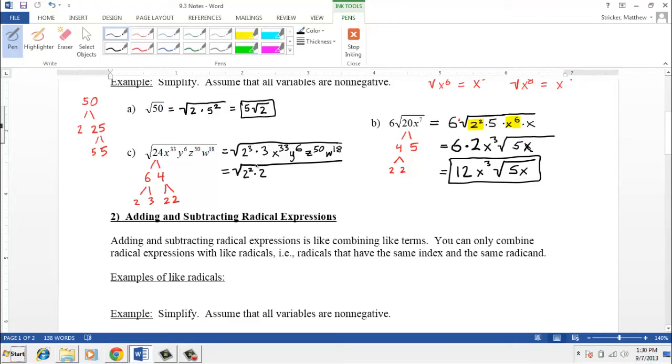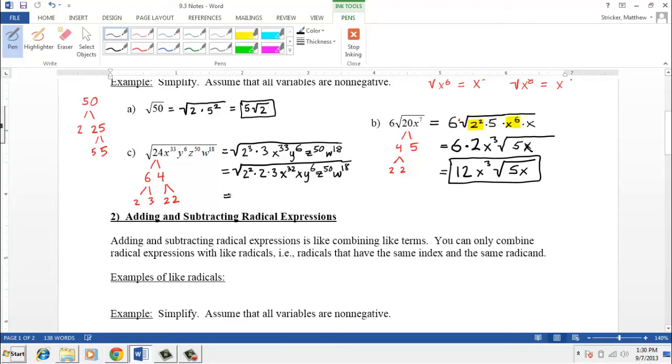You could have started out as 2 squared times that extra 2 that we peeled off, times the extra 3. Now peel an extra x off, so we have x to the 32nd power times an extra x. We can leave y to the 6th, we can leave z to the 50th, and we can leave w to the 18th.